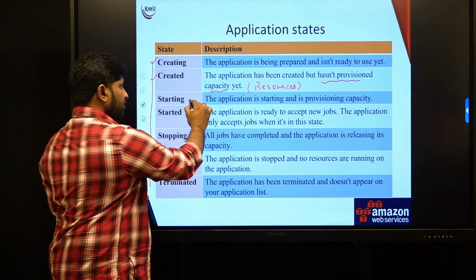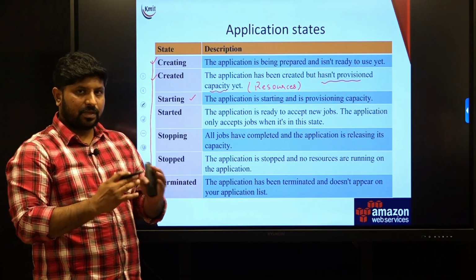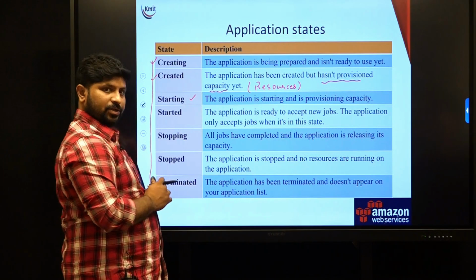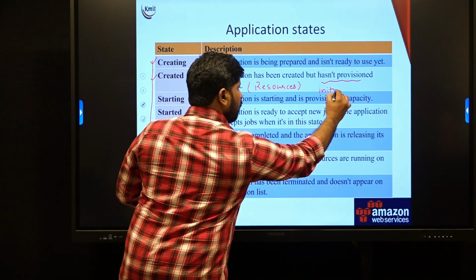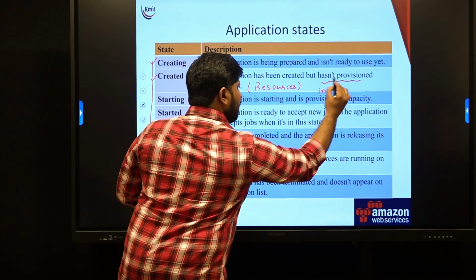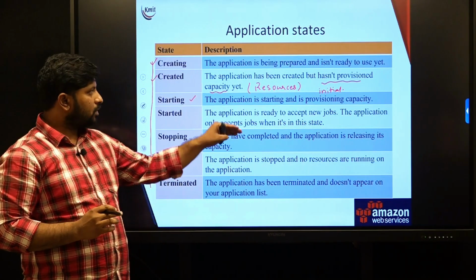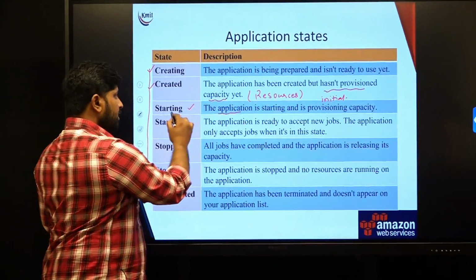In the starting phase, when you start your application, at that time the resources are attached to your application from the initial capacity. When we launch an application, we set a certain initial capacity of resources. From those, resources will be allocated to your application when it is starting.